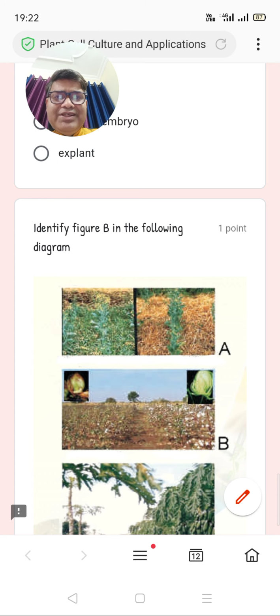BT cotton is due to presence of BT gene that scientists have transferred from Bacillus thuringiensis bacteria to normal cotton plants by gene transfer techniques.